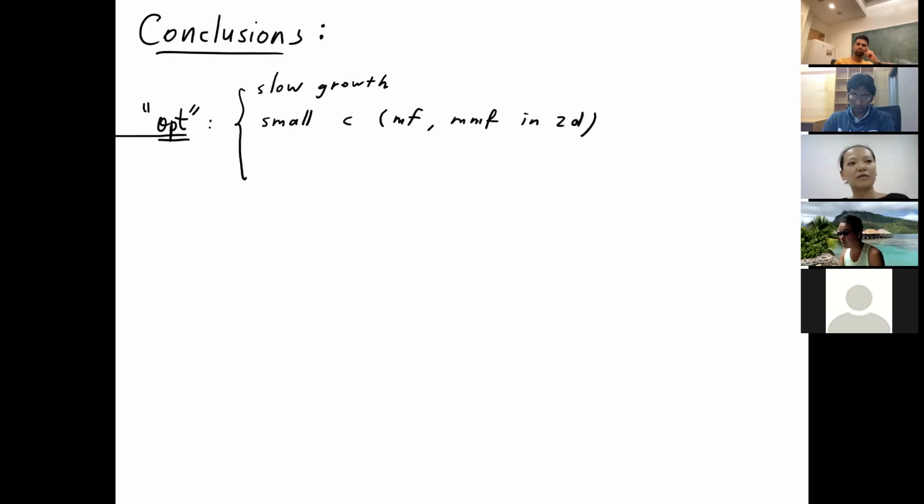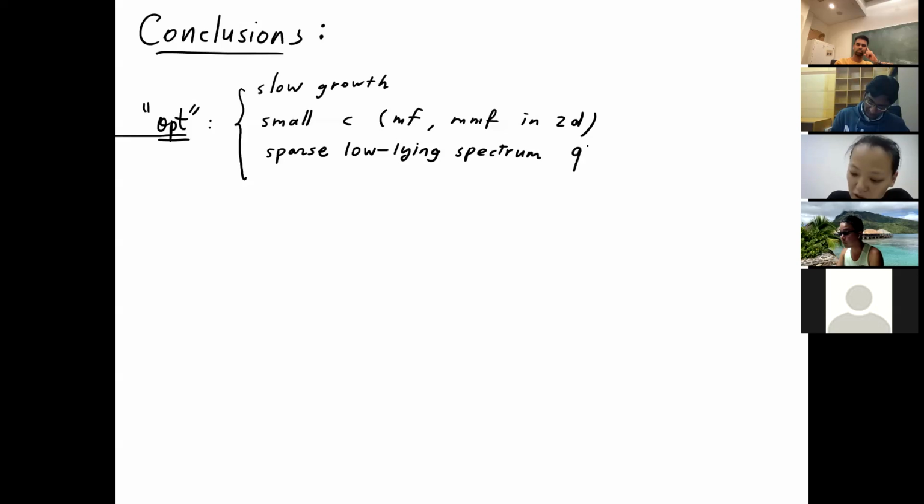You can also have a notion of optimality that arises like a sparse, low-lying spectrum, right? Then you get something like q to the c over 24 and some relevance of functions like this.